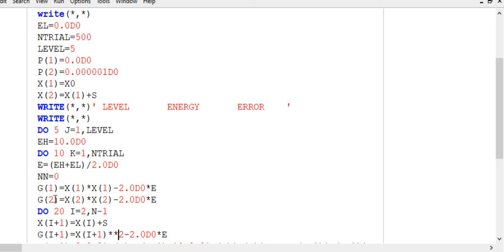And g at different x values 1 and 2 is calculated. It requires only x, and e is already supplied as the average of the higher and lower bound.